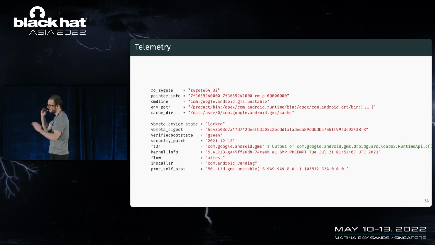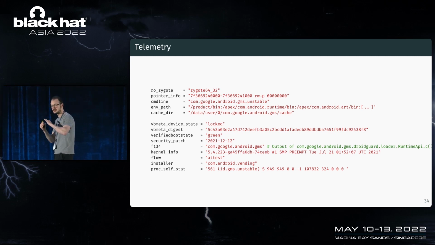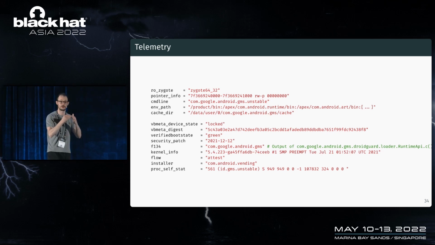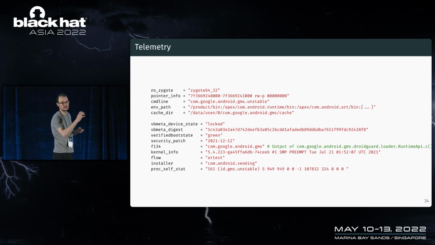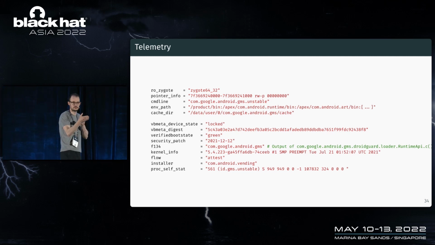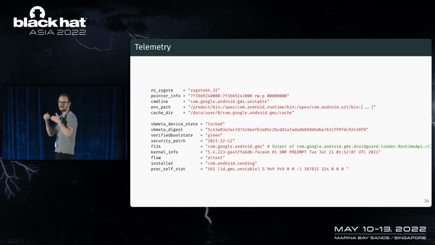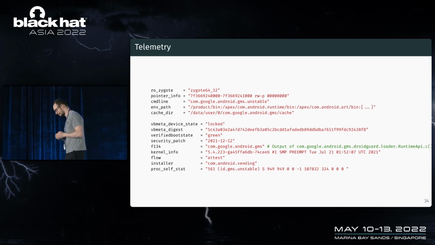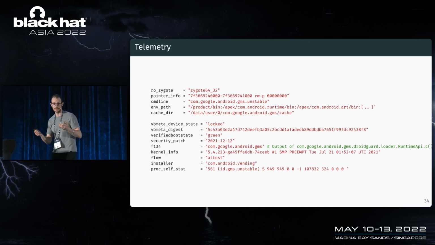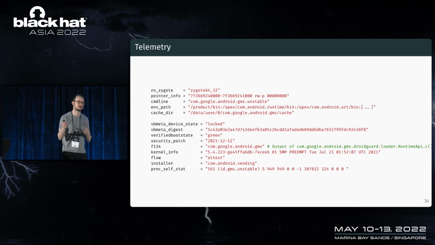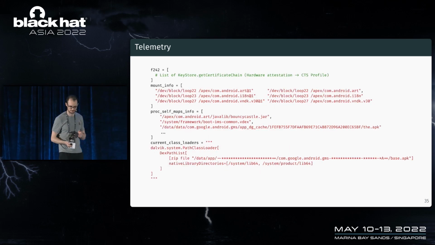But they need to find a trade-off between collecting everything, which can cost a lot of data to send, and doing Boolean checks that can be somehow easy to bypass, because if you manage to bypass the syscall, that's done. So here you don't actually know how it is really used in the Google backend to determine the basic integrity and the CTS profile match.